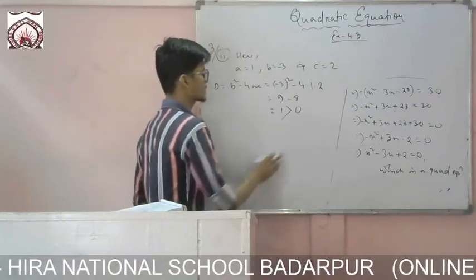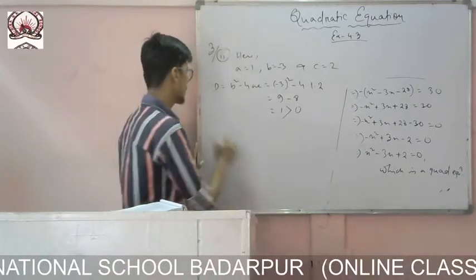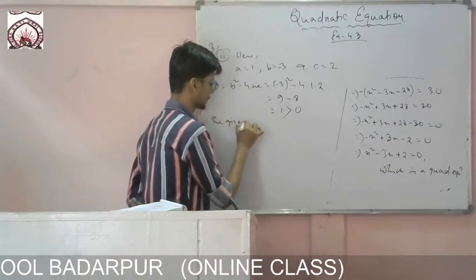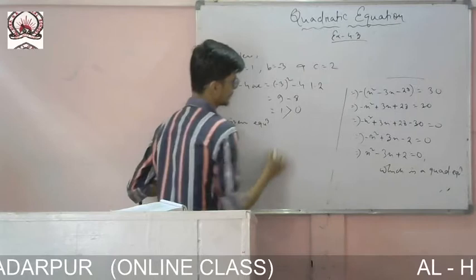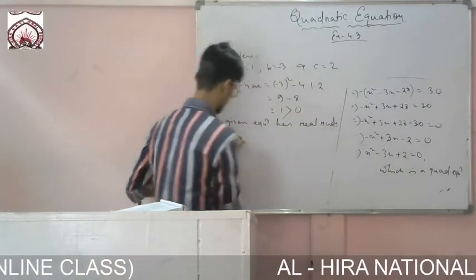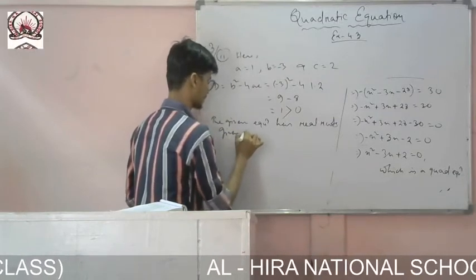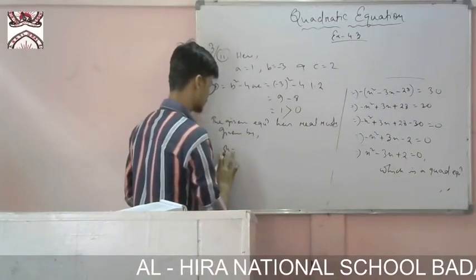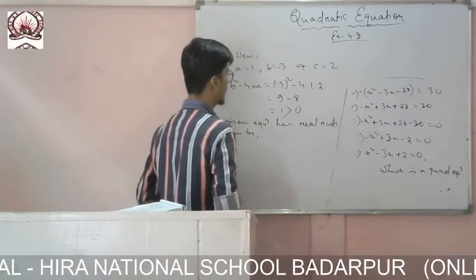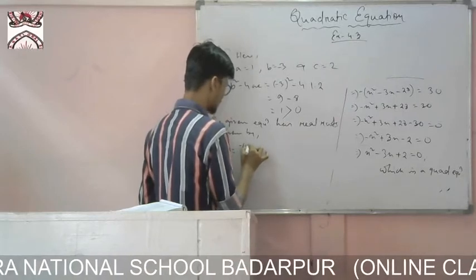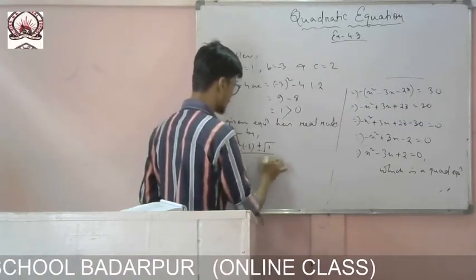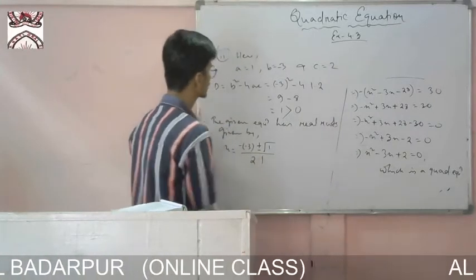If it is greater than 0, then it will have real roots. So you write: therefore the given equation has real roots given by x equals minus b, which is minus of minus 3, plus or minus the square root of the discriminant, which is 1, divided by twice a, which is 2 into 1.